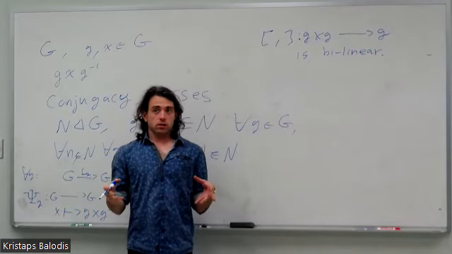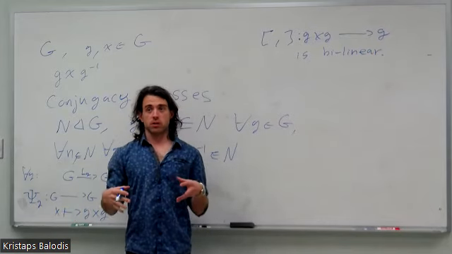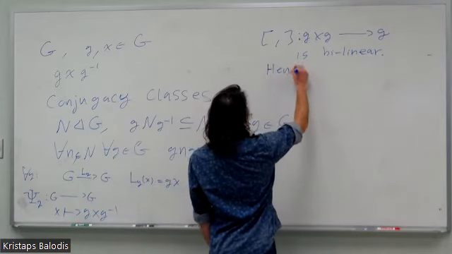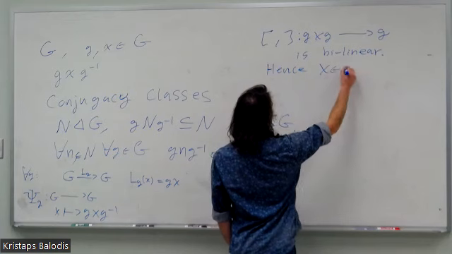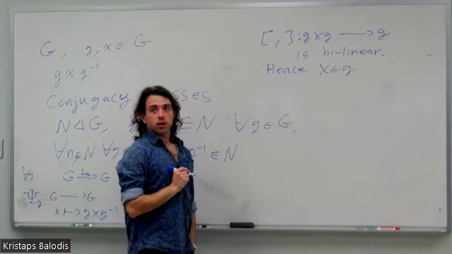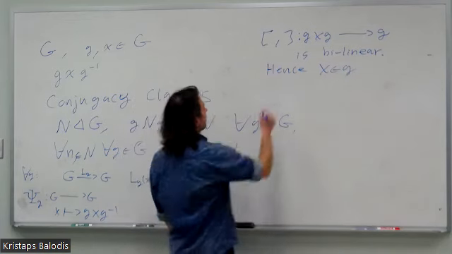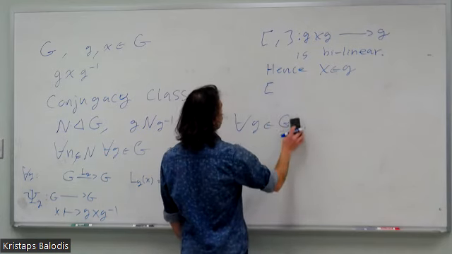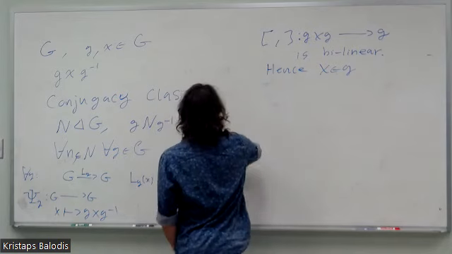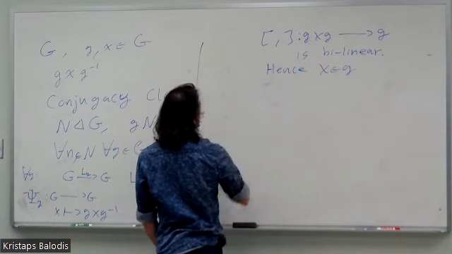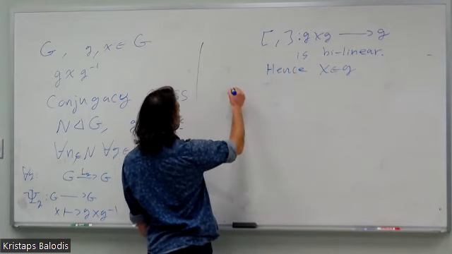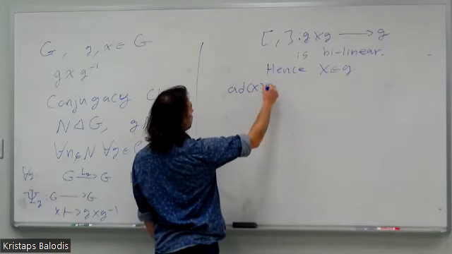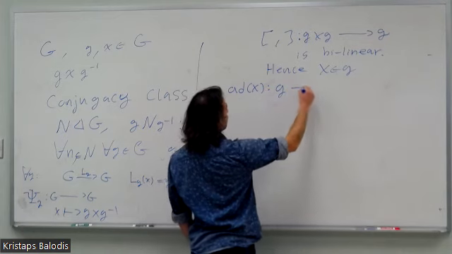One way to say what this means is that given any element x of my Lie algebra, if I fix the first coordinate, I can define a map, I'm going to call it ad of x, it's called the adjoint map.